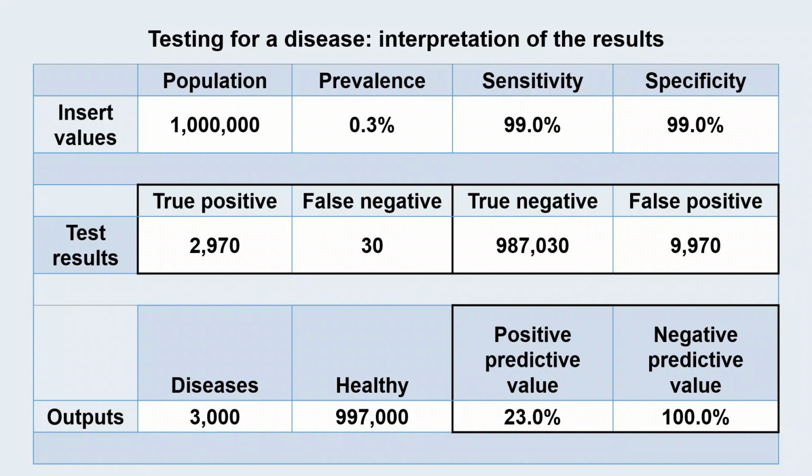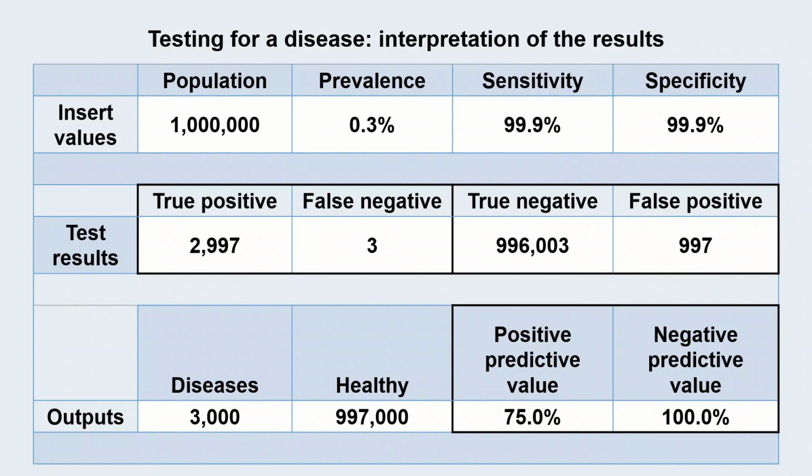And with a specificity of 99%, you will get 987,030 true negative test results and 9,970 false positive test results, which will give you a positive predictive value of 23% and a negative predictive value of 100%. Thus, the positive predictive value will increase greatly from 6% in the previous example when the sensitivity and specificity was lower, 93.8% and 95.6% respectively, to now 23%.